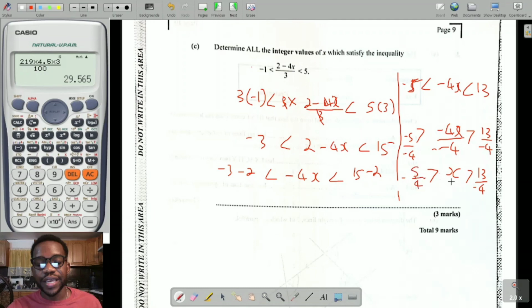But we don't read things backwards, so I just take all of this and flip it around. So all it really means is that x is greater than negative 13 over 4, but less than 5 over 4. And that is because the signs were reversed. We can't read it from this; it's an awkward way to read it, so we simply turn it around. And that is how we get part C.